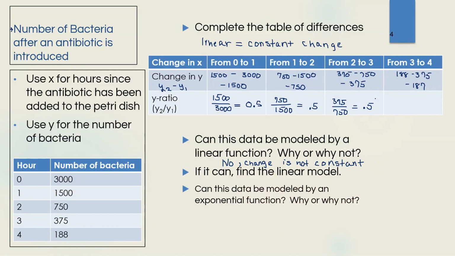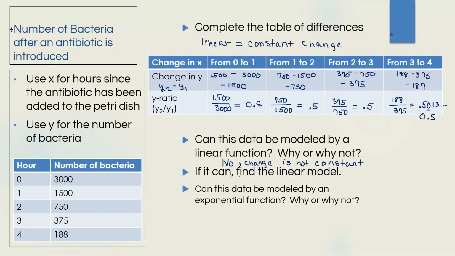So we'd have 188 divided by 375. When I type that on my calculator, I get 0.501, etc. And so even if I round to 2 decimals, it would be 0.5. And that's just because we would anticipate bacteria being whole numbers.